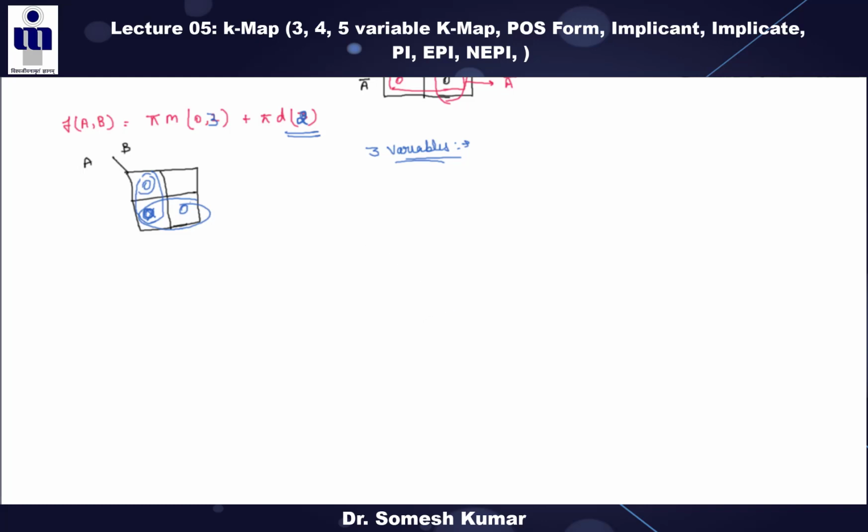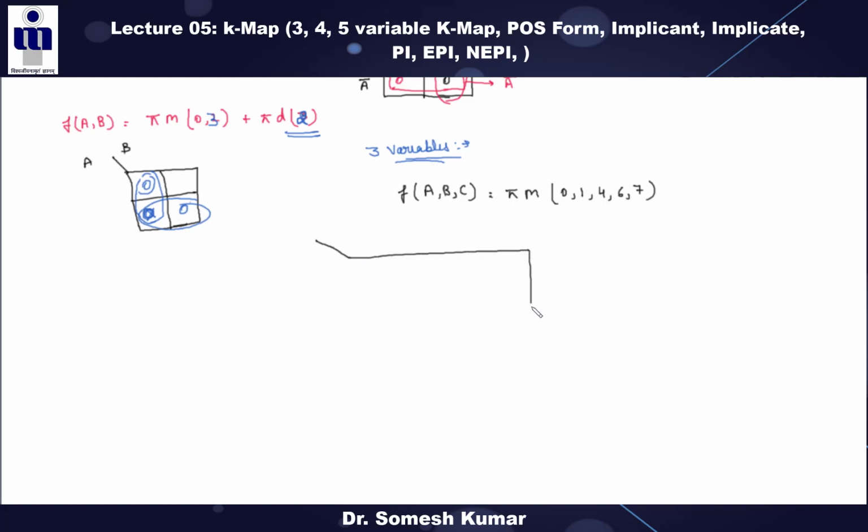I am drawing one K map, right? Or we can say the function is A, B, C, which is equal to product of sum. These are your max terms, right? 4, 6, 7, right? So it is a three variable K map.